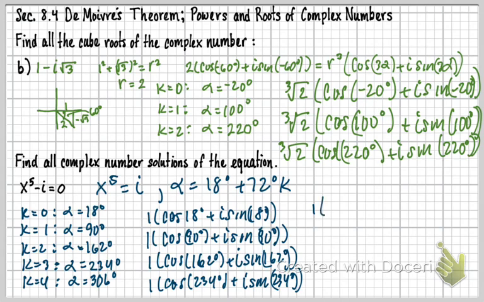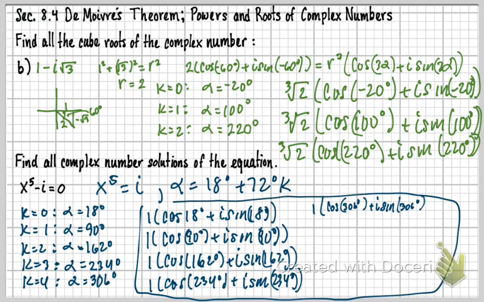It's going to be 1 cosine of 306 degrees plus i sine 306 degrees. So those are all of the 5 answers that we're looking for in this problem. So it would be these. All right, done.